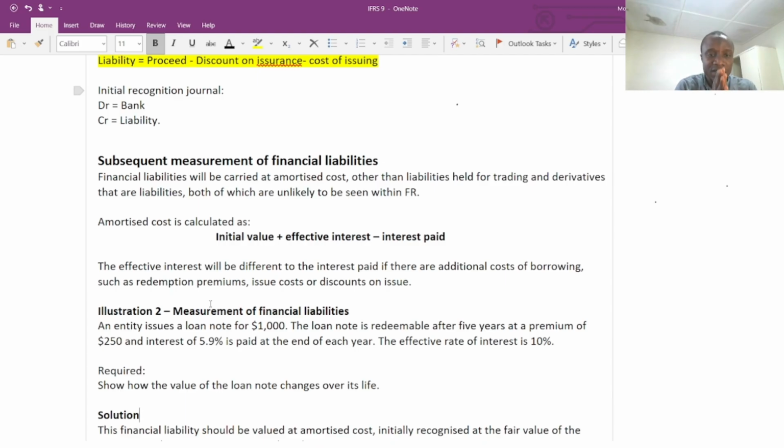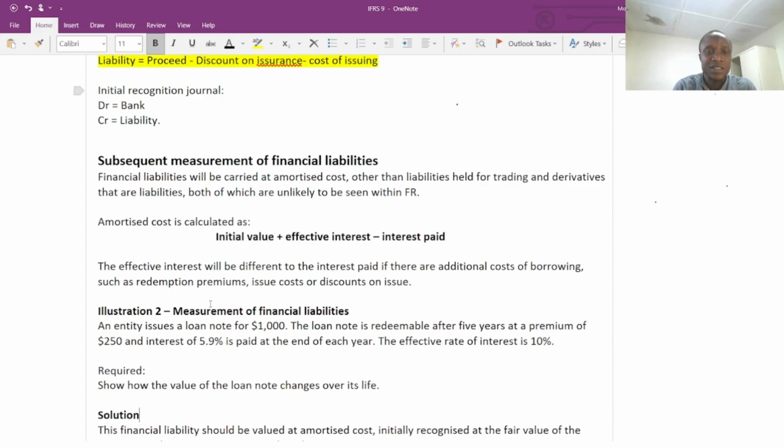The effective interest rate will be different to the interest paid if there are additional costs of borrowing, such as the redemption premium, issue cost, or the discount on issue. Now, very important concept. On normal ground, the effective interest rate and the interest paid will be the same.